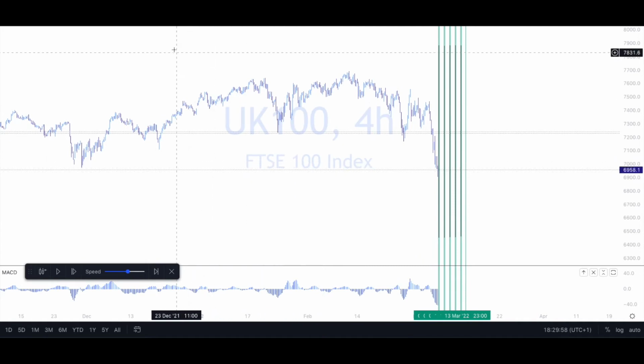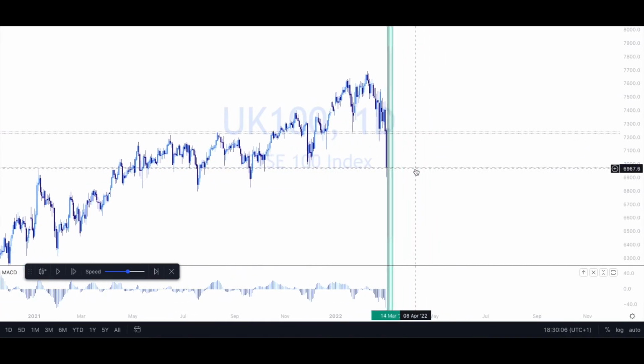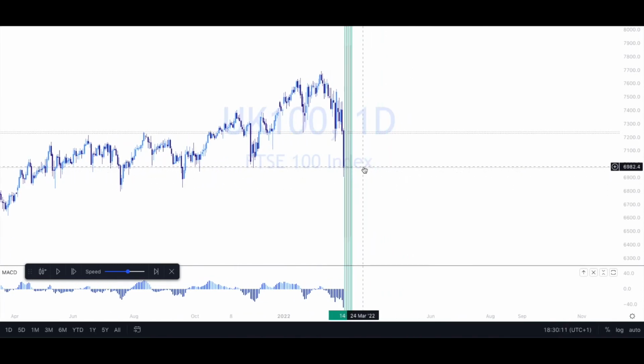Going back on the daily, daily's fine. So let's see if we can catch some levels. The only levels that actually make sense is this one over here, if that is actually broken through, and this one over here.